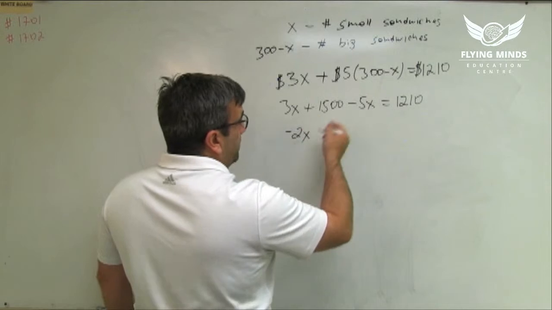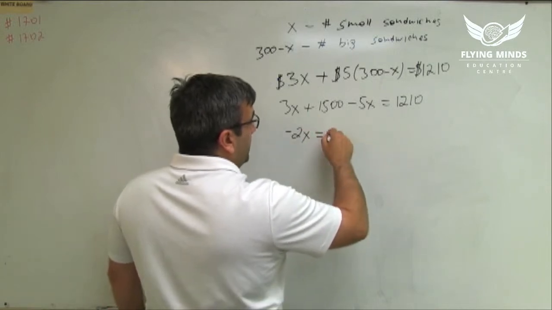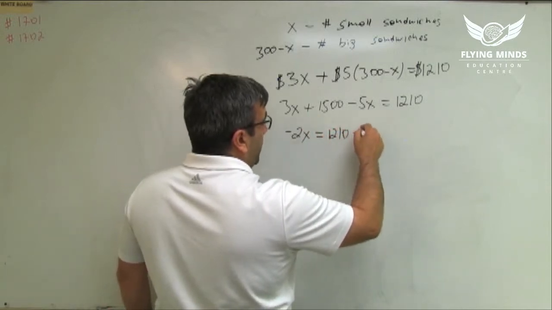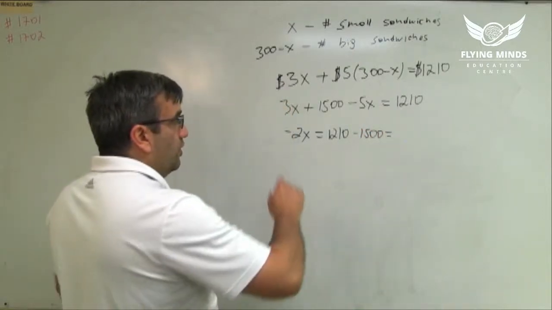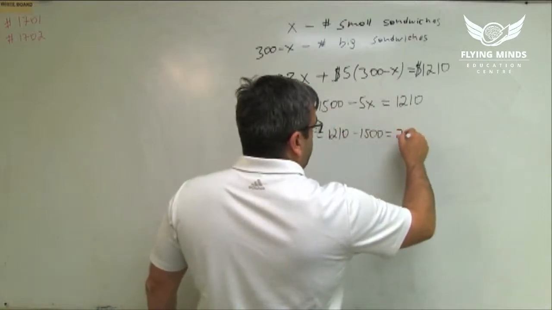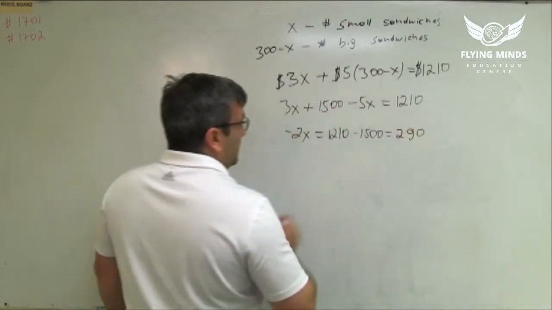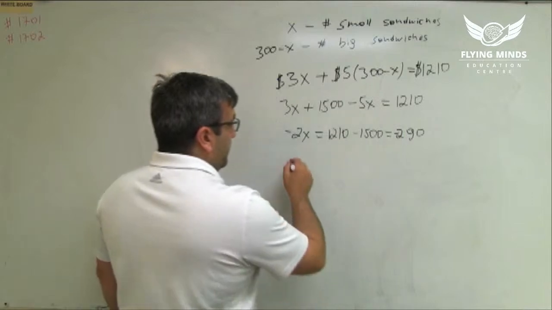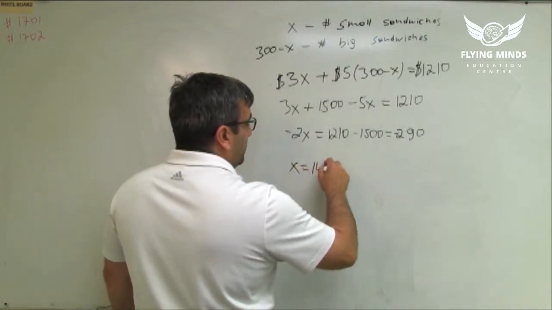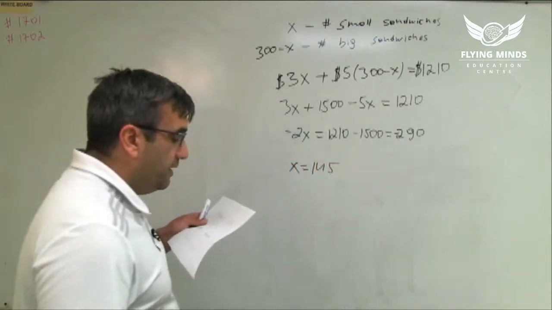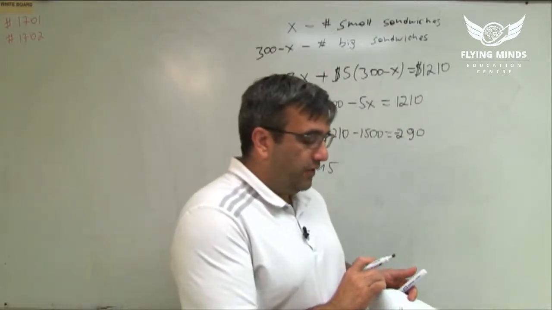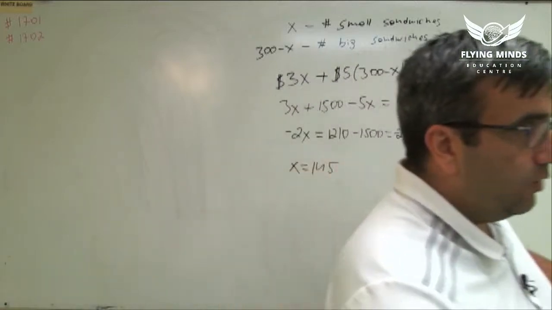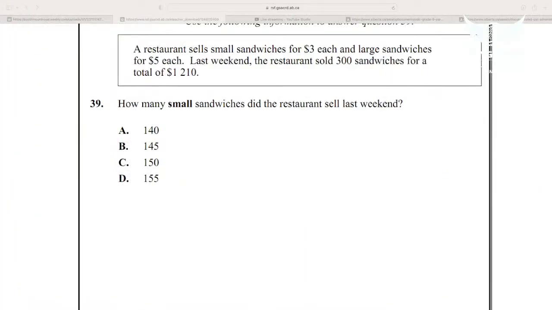And then we subtract 1,500 from both sides. So it will be 1,210 minus 1,500, which equals negative 290. Then x equals 145, right? So the restaurant sold 145 small sandwiches. The correct answer is B.